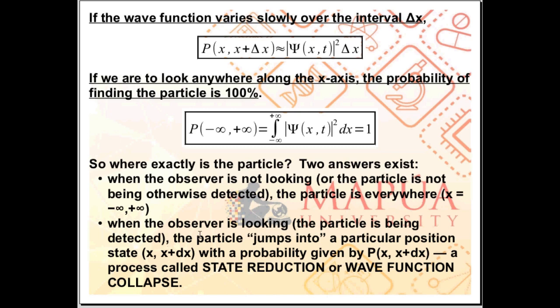When the observer is looking at a particular location or position, the particle, from being everywhere, will jump into that particular position with the probability given by P. This jumping of the particle into that position when we look at that position is a process called state reduction or wave function collapse.